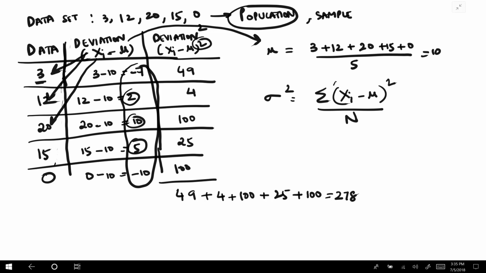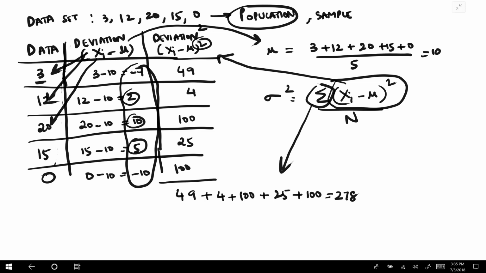So this xi minus mu square is what we did in this table, and then summation is this part, and now we have to divide this by n, which is, in this case, capital N is 5 because we have 5 data points.